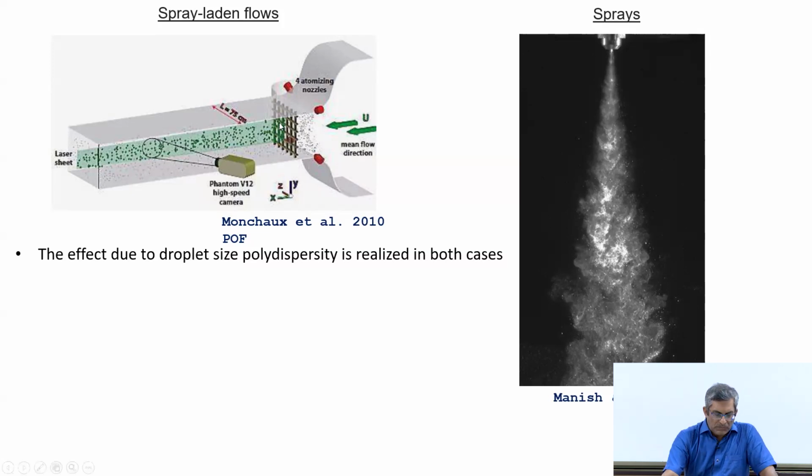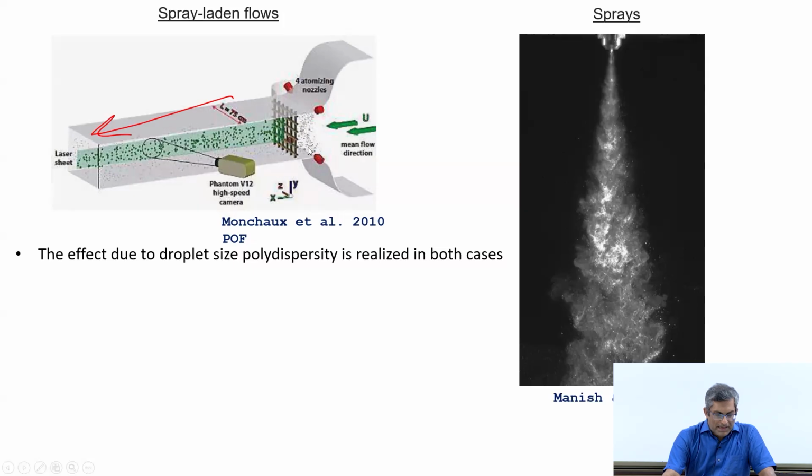But in this case, we generate decaying isotropic turbulence. Far away from this grid, the turbulence will be isotropic, but it will be decaying spatially. That is, as you move downstream of the wind tunnel, the turbulence would decay.